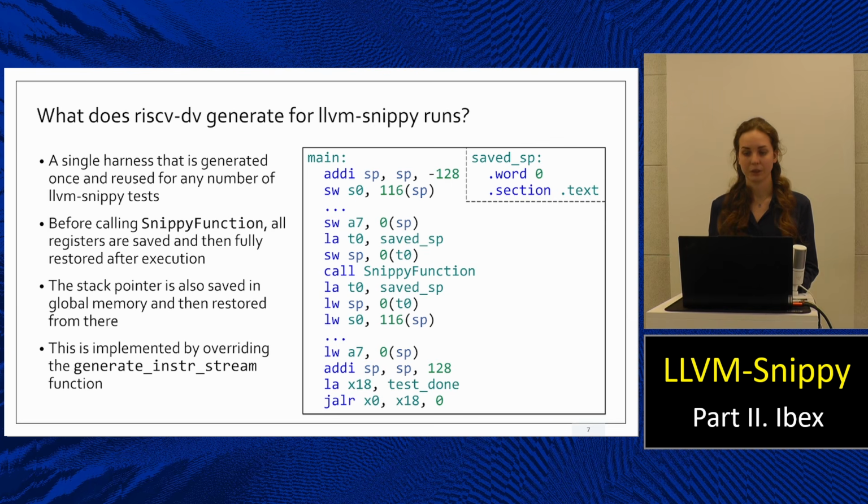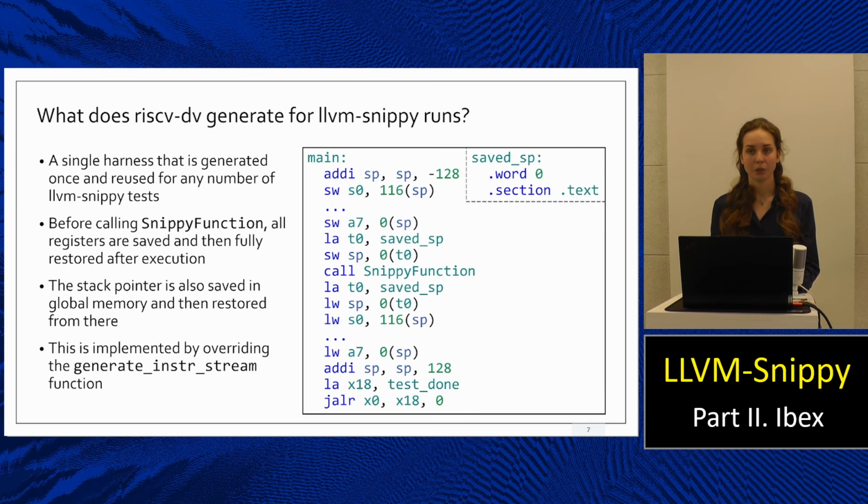For runs with LLVM-snippy, riscv-dv generates not an ordinary random instruction stream, but a single wrapper around SnippyFunction. This wrapper is created once and then reused for any number of LLVM-snippy tests. Its job is to safely hand control over to the generated code and then return to the standard riscv-dv flow and reach test done.